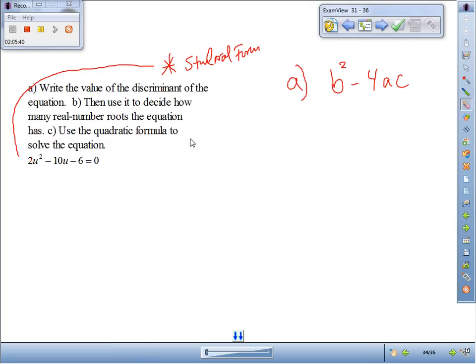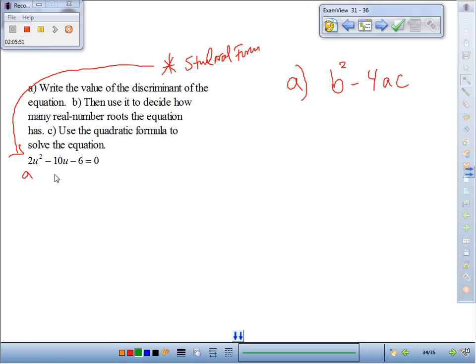Yeah, it's already in standard form. So let's see. What is A? 2. What is B? Negative 10. What is C? Negative 6. Let's substitute.